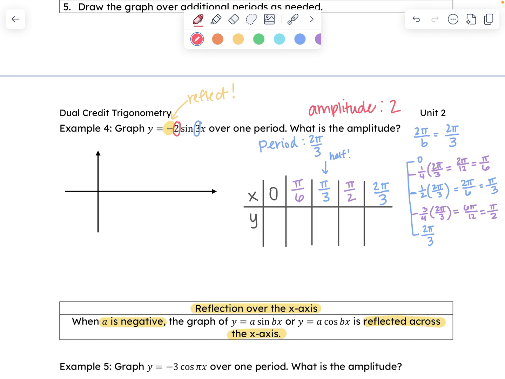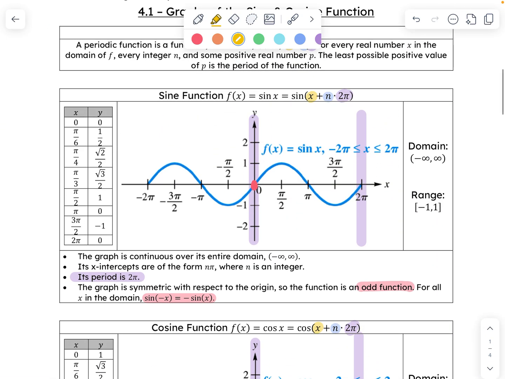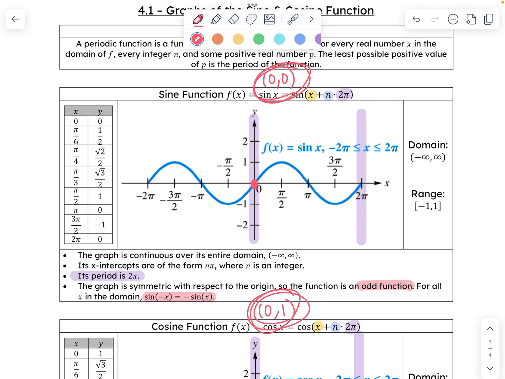Then I also have to pay attention to what function I'm actually looking at, the sine versus the cosine, because that's going to tell me if my first y value is a 0 or if my first y value is a 1. Because remember, sine starts at 0, 0. Cosine starts at 0, 1. Sine is 0, 0, cosine 0, 1.